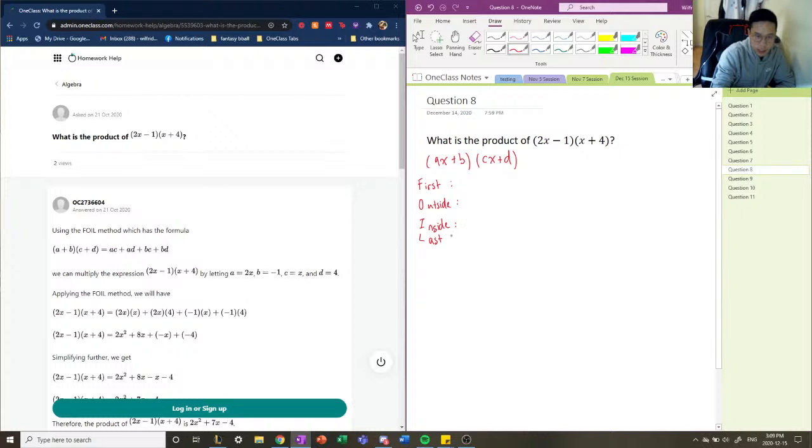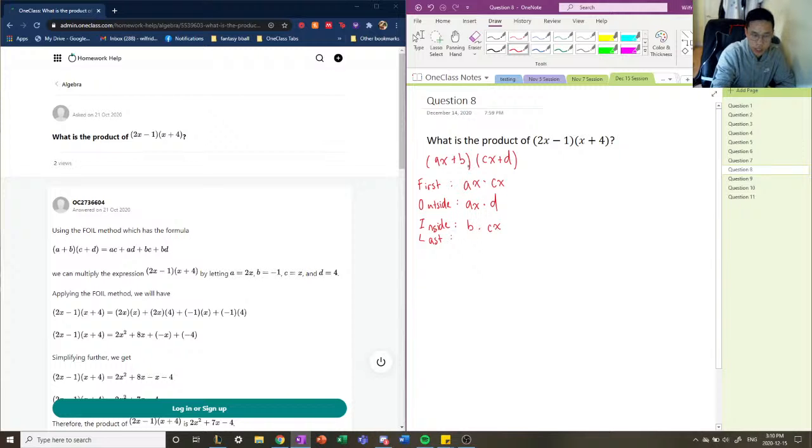And we have to think about this as distance in relation to each other. The first terms of each bracket are ax times cx. The outside terms, if you think about there being insides and outsides, are the two lateral terms, so ax times d. The inside terms, the medial terms, are b times cx.